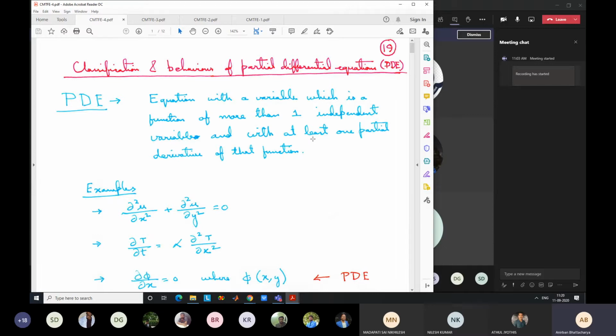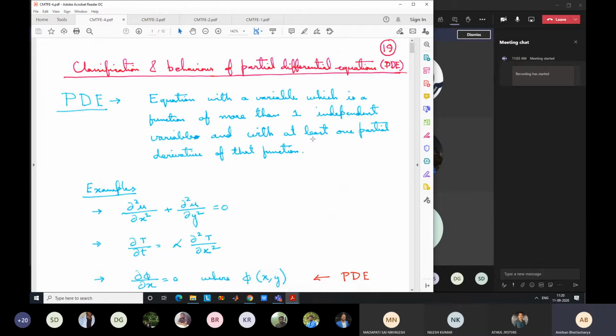By modeling, I mean that they are governed most accurately by some sort of partial differential equation. So it is very important for us to know certain behavior of these partial differential equations and how to classify them based on this behavior.